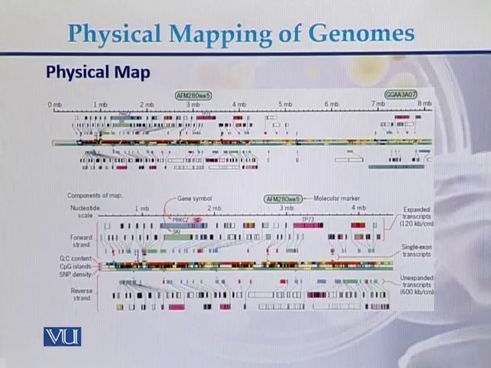This is an expanded view of the same map in which we can see that these genes are present somewhere between 1 Mb and 2 Mb of the DNA. So with the help of physical maps, we can know the exact location of the genes and identify the exact sequence of the DNA that makes a specific gene.